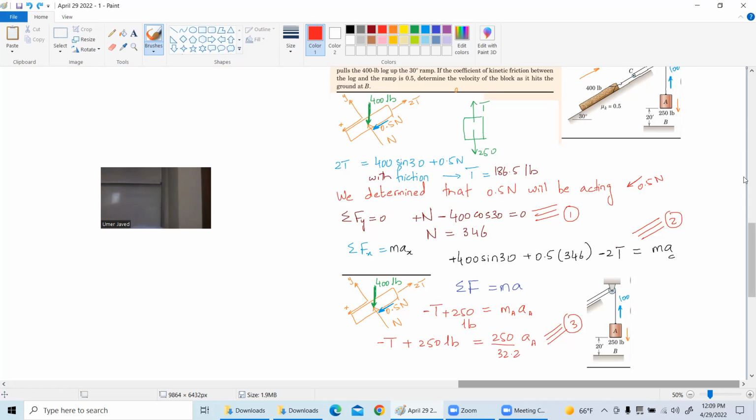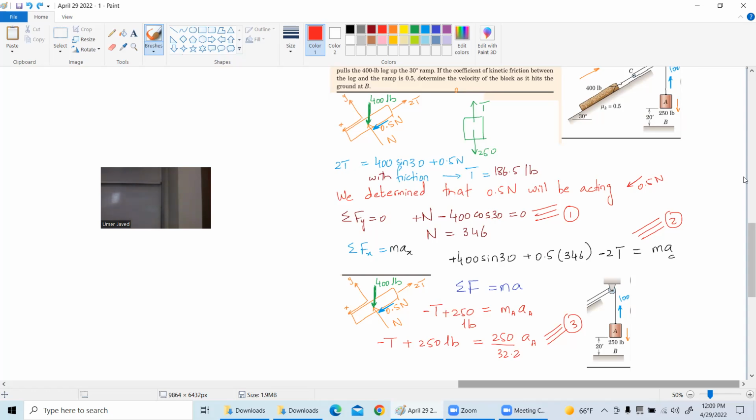So for the first equation that you made, if we say that the log is moving upward... Which equation are you talking about? The first equation for MA. N minus 400 cosine 30. No, sir, this one, 400 sine 30 plus 0.5 minus 2T equals MA.